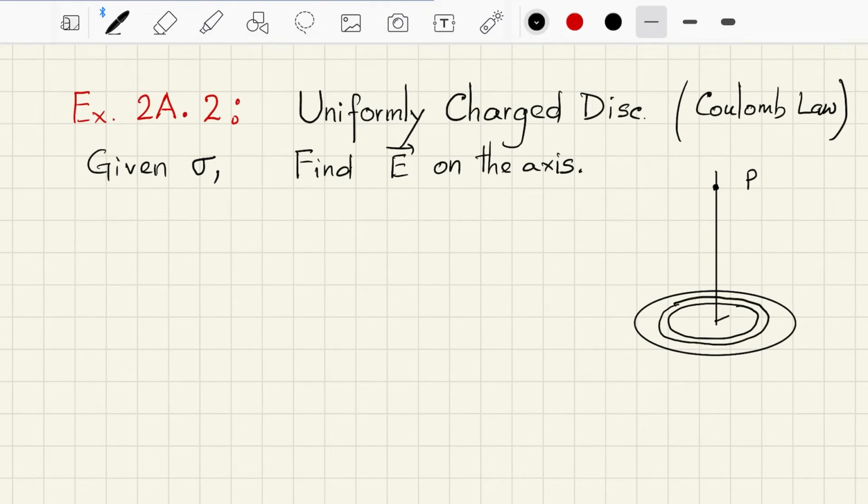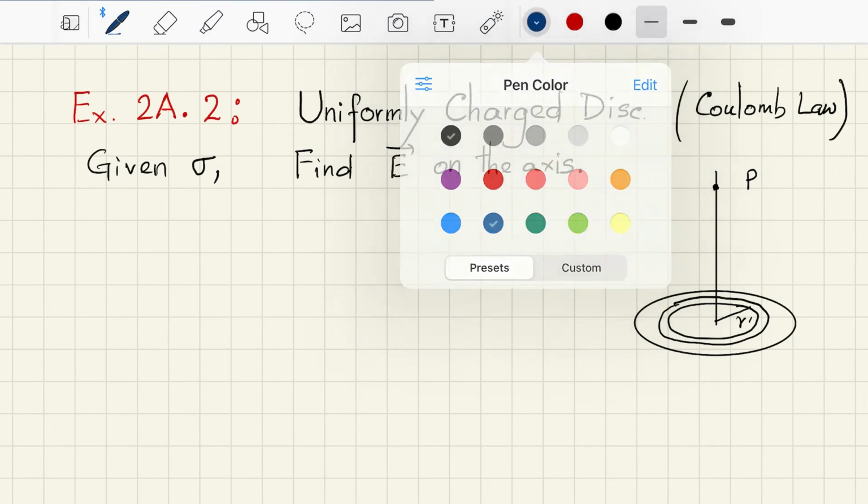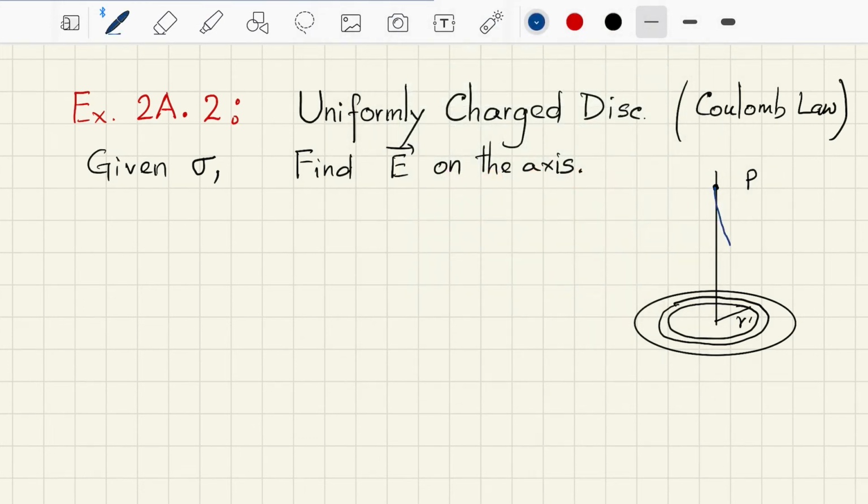At any particular r, or you can say r prime because it is the source coordinate, what is the field due to a ring on this point?